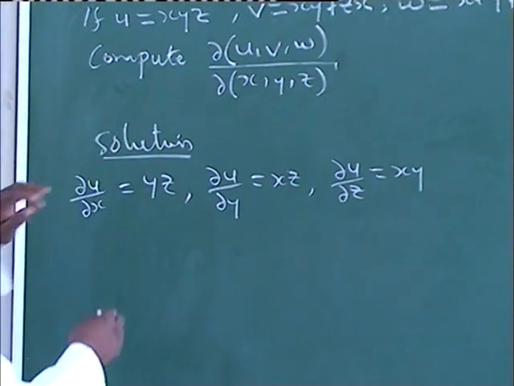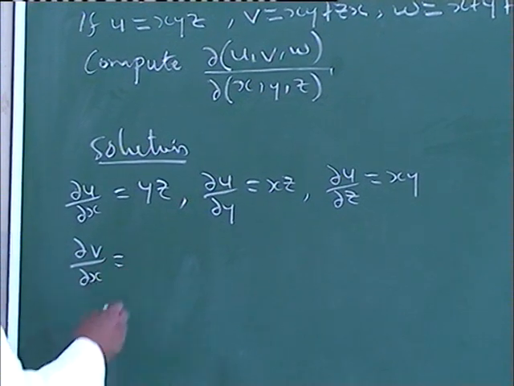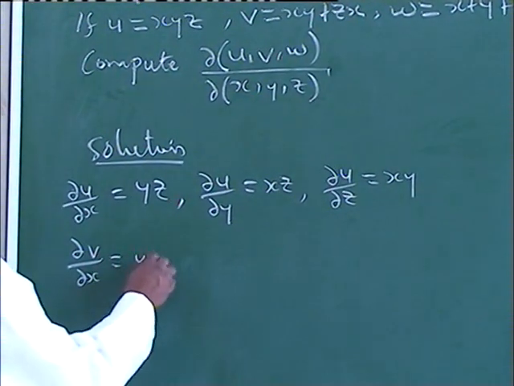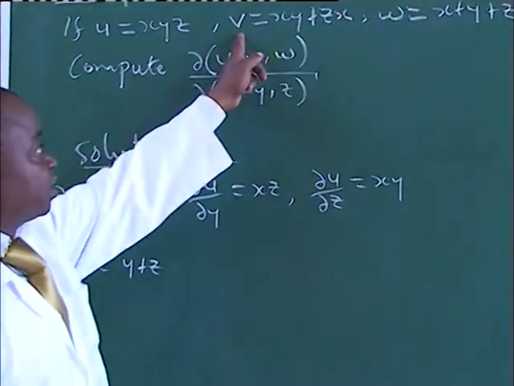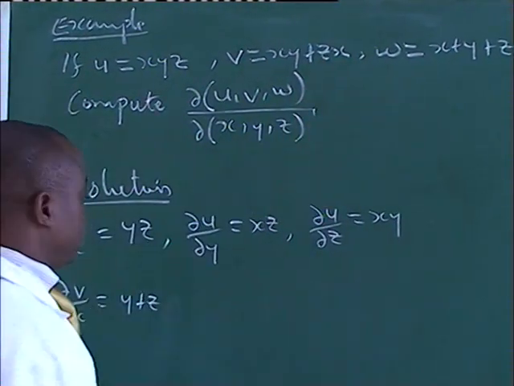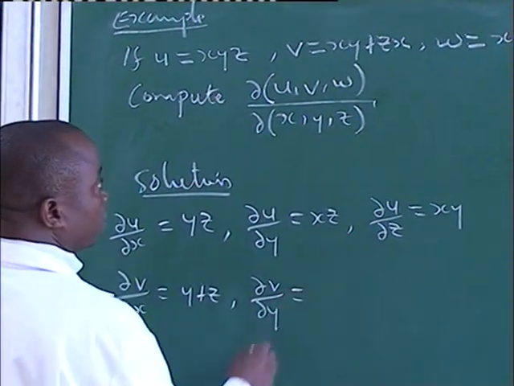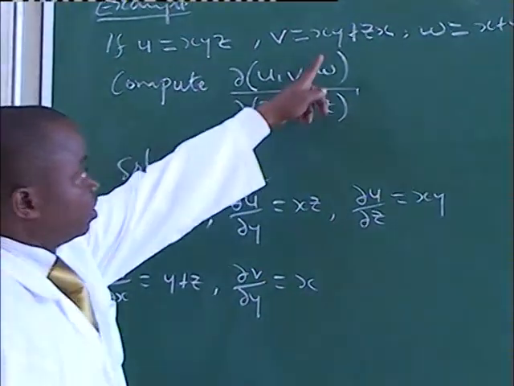We also deal with v. Partial v, partial x will be y plus z. I'm differentiating v with respect to x. Then partial v, partial y will be x.